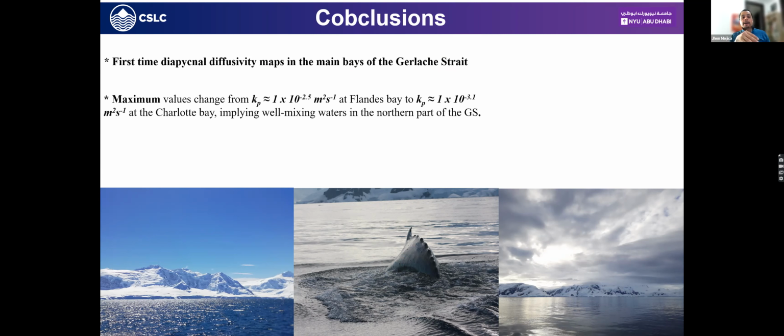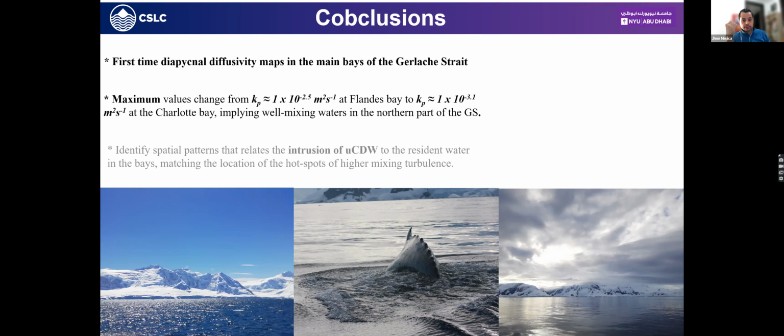Also, there is a maximum variability that can reach almost between 1 and 2 orders of magnitude, as I mentioned, and it helps us identify special patterns that are related to the intrusion of different water masses, in this case the upper layer of water, affecting or impacting the resident waters, matching the location of the hotspots and of higher turbulence.